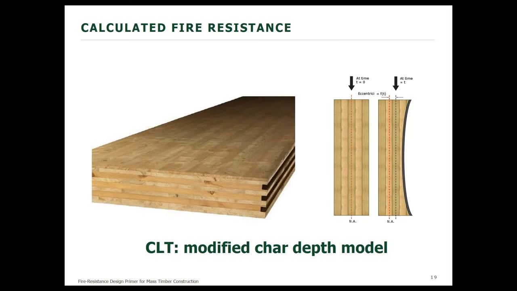Loss of the char layer when the char front reaches the glue line effectively resets the nonlinear charring rate used in the NDS methodology, resulting in a slightly accelerated charring rate. Therefore, the char depth model used in the fire resistance calculations is increased for effective char depth of CLT when compared to sawn or glued laminated beams, which were not affected in that manner.